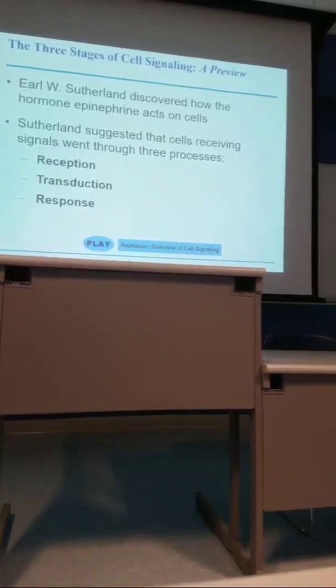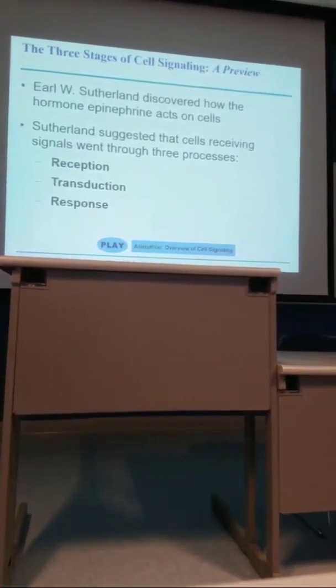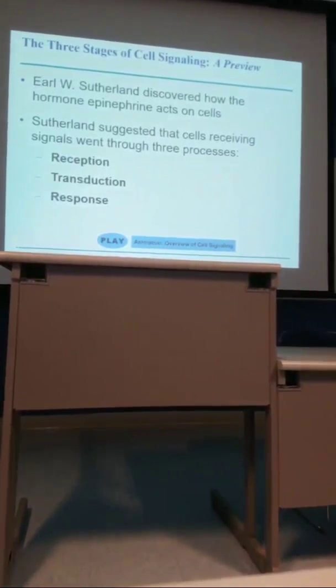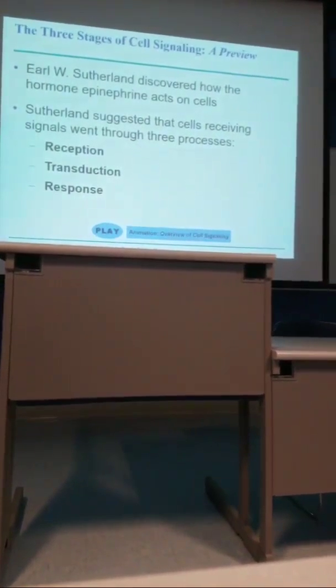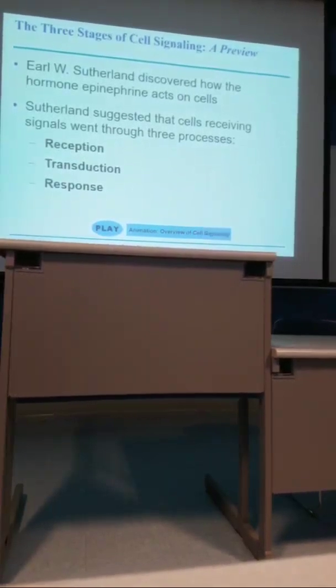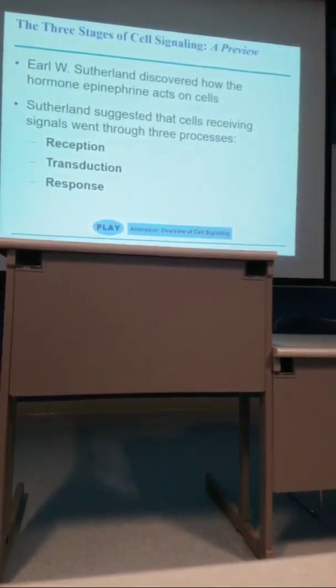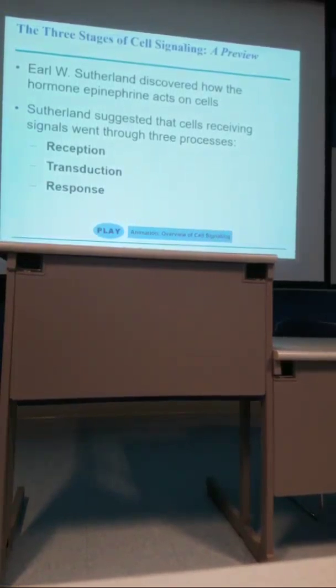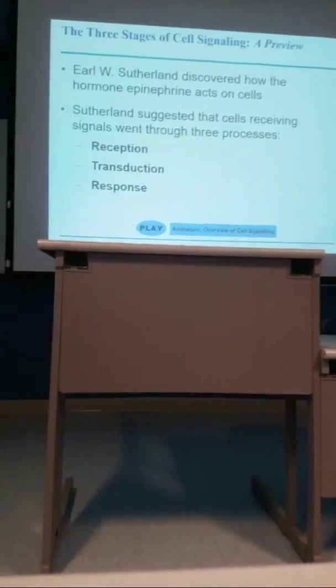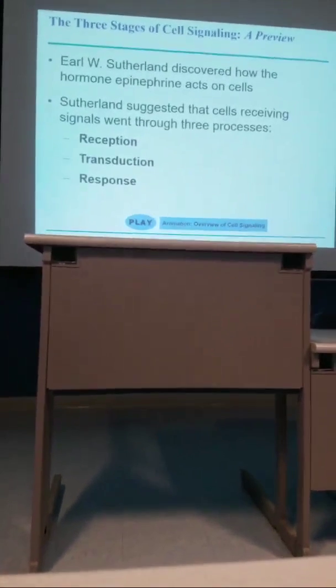These, I want you to remember, but they are very simple. Just remember, a cell picks up the reception, it will send it to where it needs to go within the cell, and then it will respond. So reception, transduction, and response.